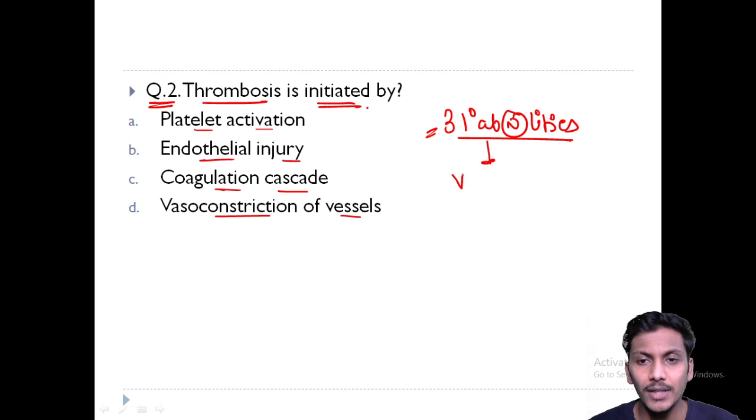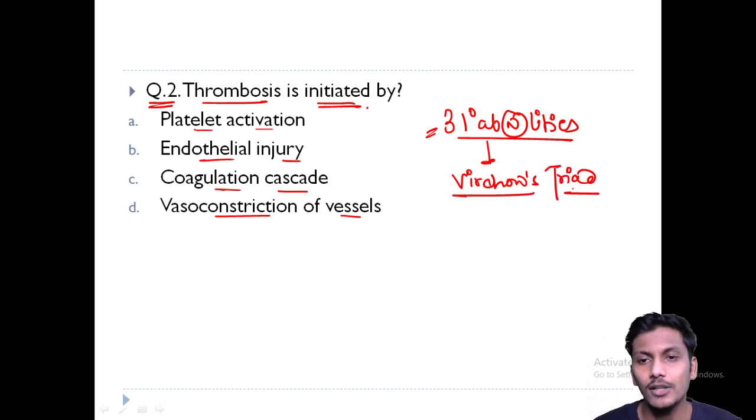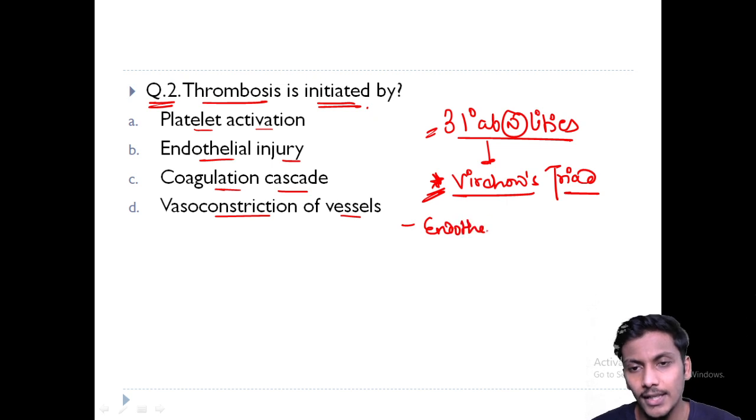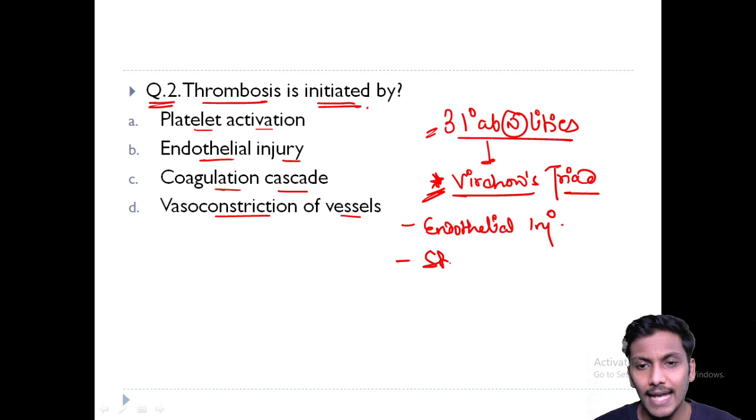These 3 primary abnormalities were given by a scientist known as Dr. Rudolf Virchow. Therefore these are known as Virchow's triad. These 3 primary abnormalities for thrombus formation are known as the Virchow's triad, right? And these 3 abnormalities are what? First is your endothelial injury. Second is stasis of blood flow, that is standstill of blood flow.